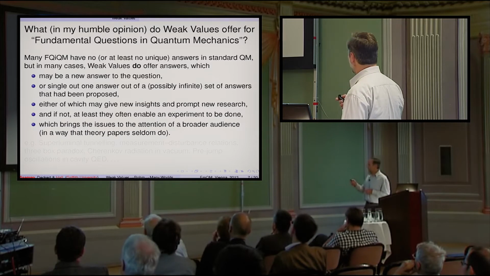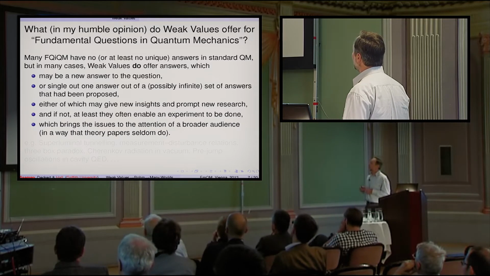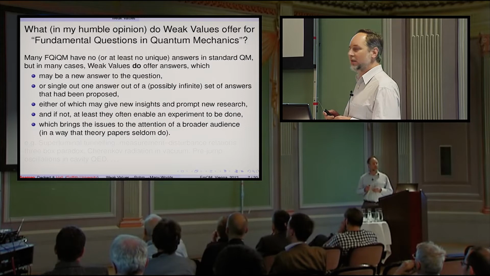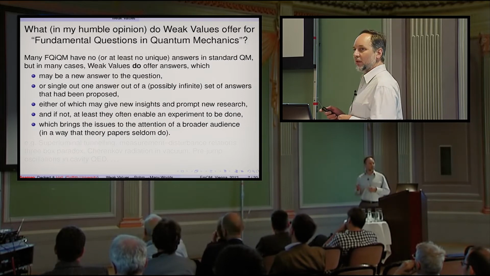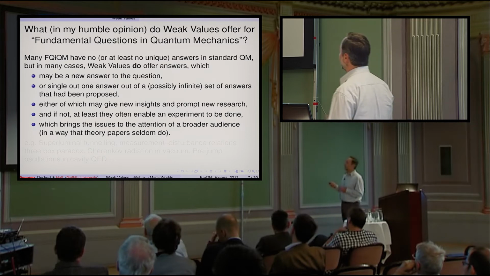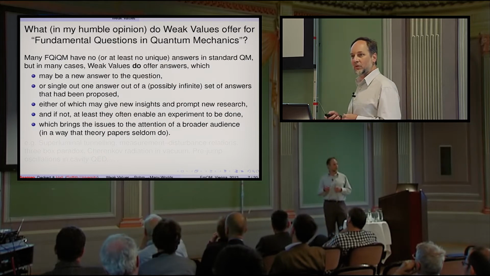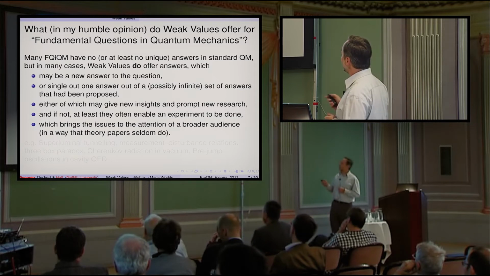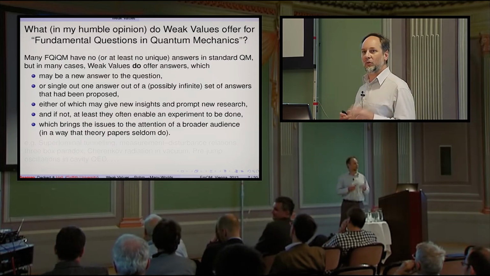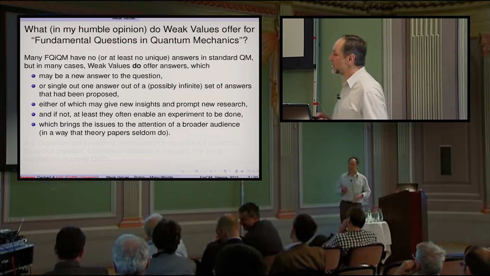What I think is the advantage of weak values is that they do offer answers. In some cases, it may be a completely new answer to the question. In other cases, it might single out one of the answers which has already been proposed. But in either case, I think this gives new insights into the phenomenon and can prompt new research.